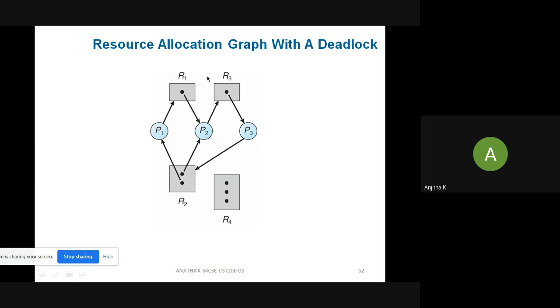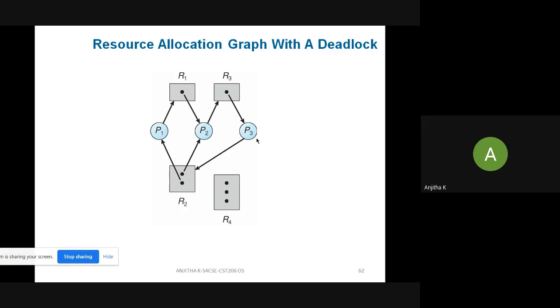Look, this is already there, it is the example we studied. So here, extra, there comes an edge. See, P3 is requesting the resource R2, but it is not available because R2 has two instances and both are used by P1 and P2. So P3 should wait.